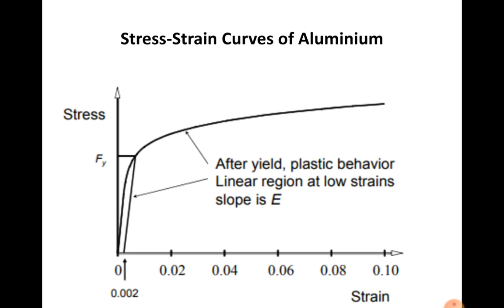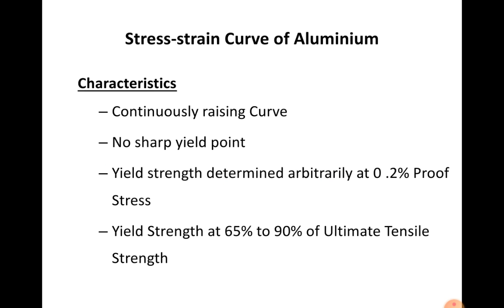Now coming to the stress strain curve of aluminium, the stress strain curve of aluminium does not have a definite yield point. So the yield strength is taken at 0.2% of the strain or at 0.2% proof stress. So it is a continuously rising curve.